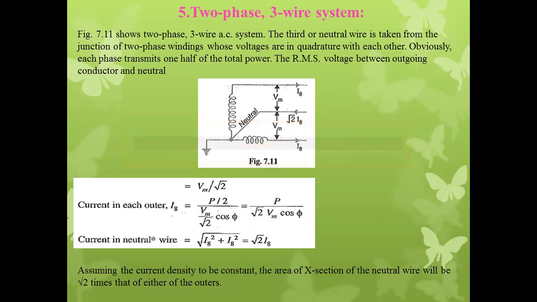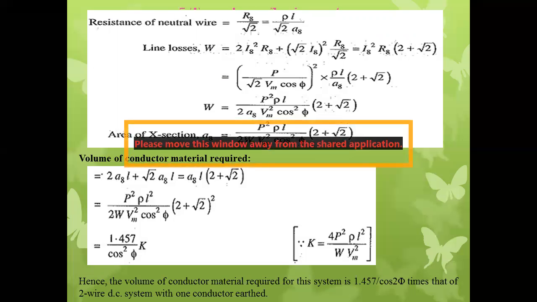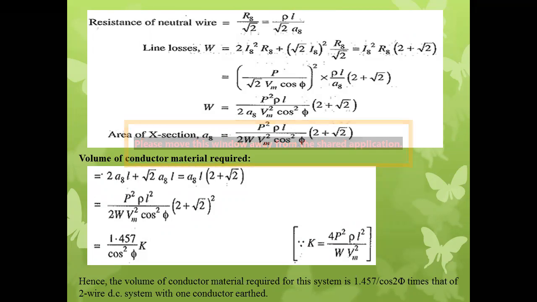Next, resistance of the neutral wire. The resistance of the neutral wire is 1 by root 2 times that of the phase wire. As per our syllabus, there is no need to prove why it is so; it is 1 by root 2 times R8. Simply remember the formula for the resistance of the neutral wire compared to the phase wire.